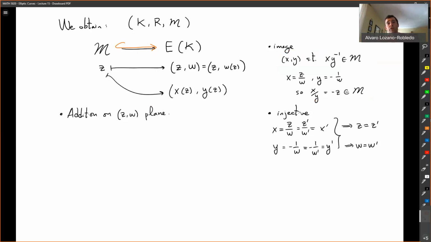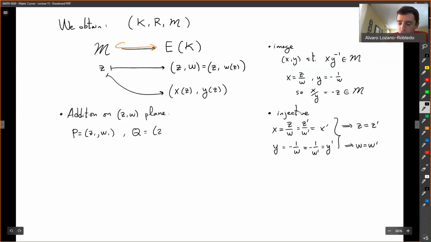So what I want to do is actually bring back the geometric addition on the elliptic curve to the maximal ideal. And so I want to do addition of 2 points. Suppose I have a point P, (Z1, W1), and a point Q, (Z2, W2).